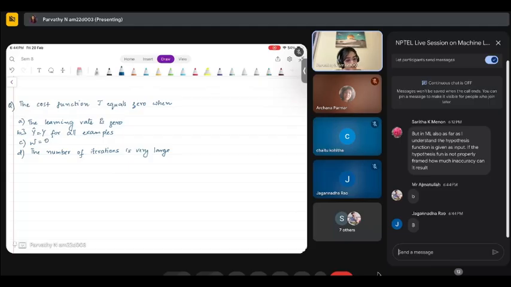Yeah, so when y hat is y, which is impractical and difficult, that is when J is equal to 0.